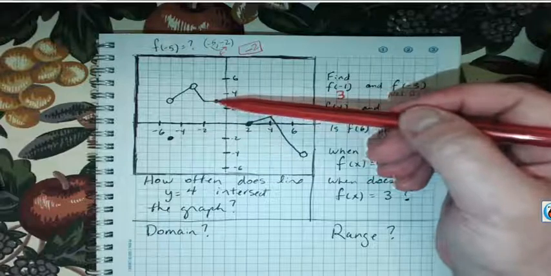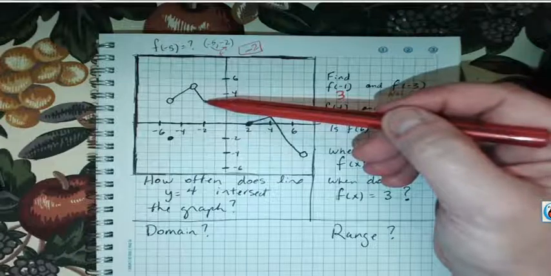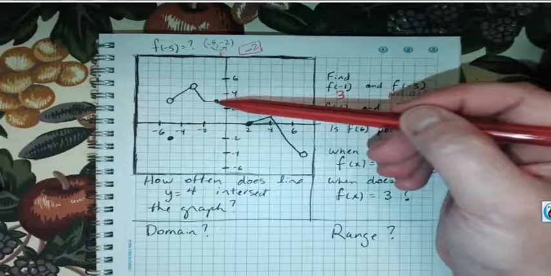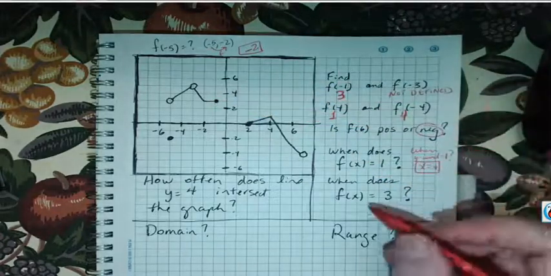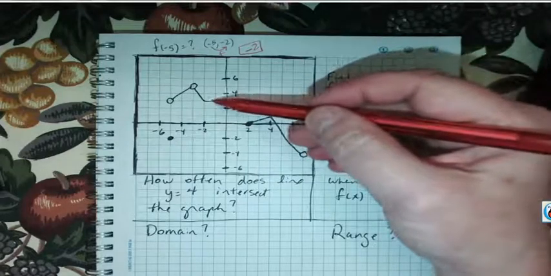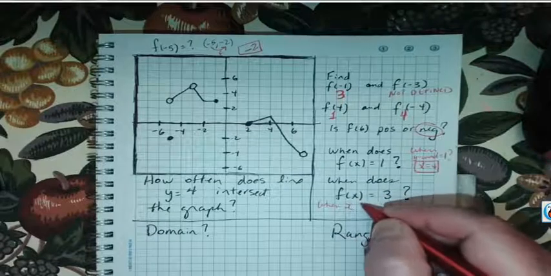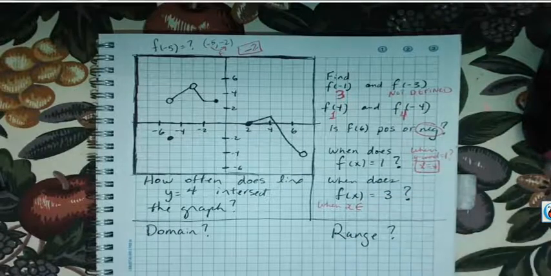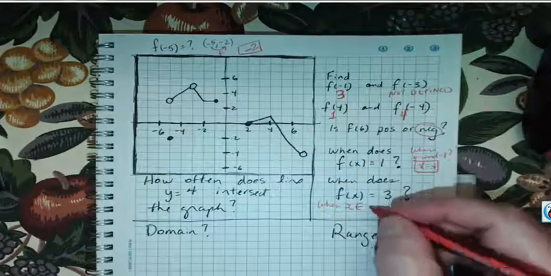The y-coordinate will equal 3 when the x-coordinate is between -2 and -1 inclusive, because we don't have any hollowed-out dots. So when does f of x equal 3? When the x-coordinate is in the interval from -2 to -1.